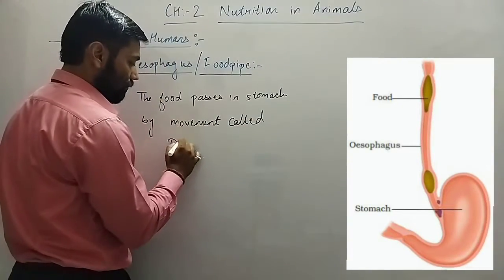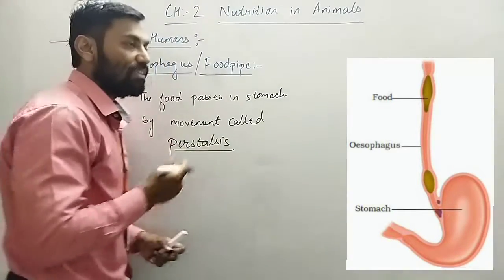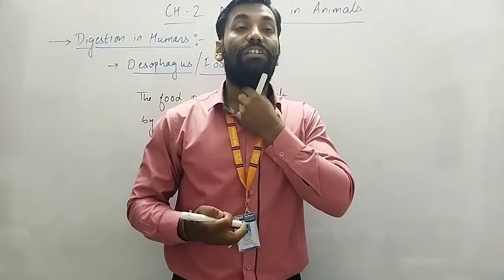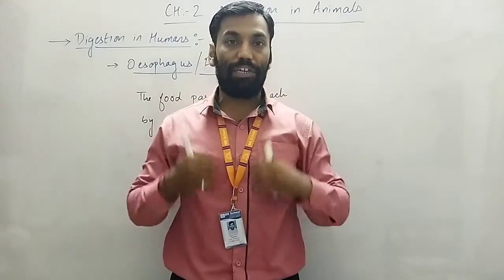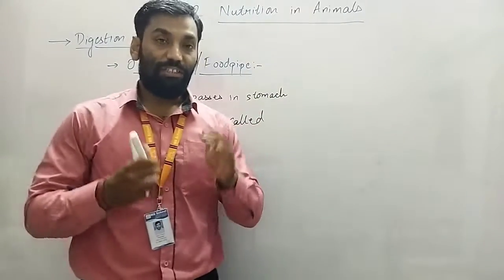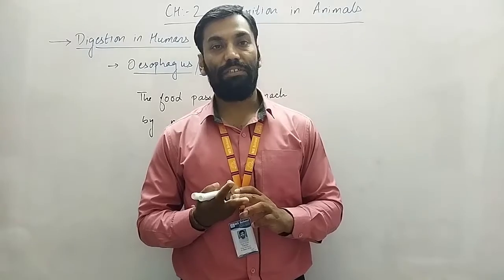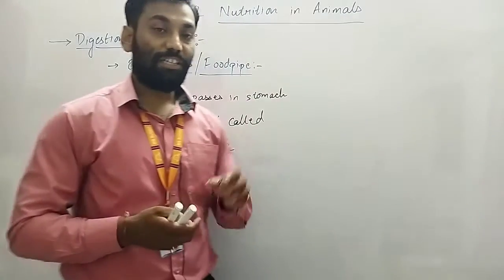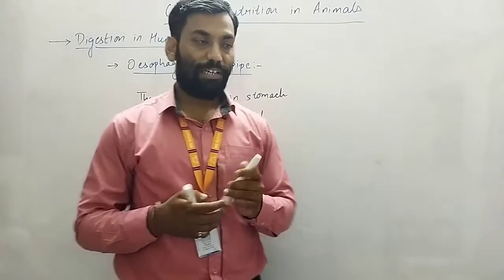Peristalsis takes place in the esophagus, which pushes the food downward from the buccal cavity into the stomach. No process of digestion or absorption takes place in the esophagus. It is just a pathway which helps in the passing of food.